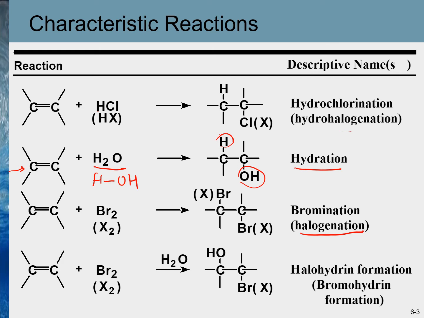In the presence of water and halogen, the reaction is known as halohydrin formation. In this reaction, one side of the double bond will get a halogen and the other side will get the OH group. So therefore, this kind of reaction is known as halohydrin formation.